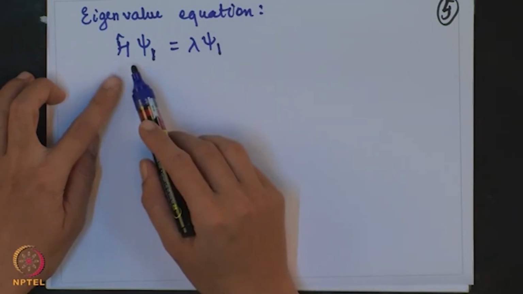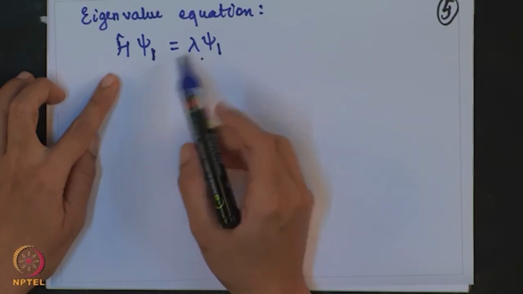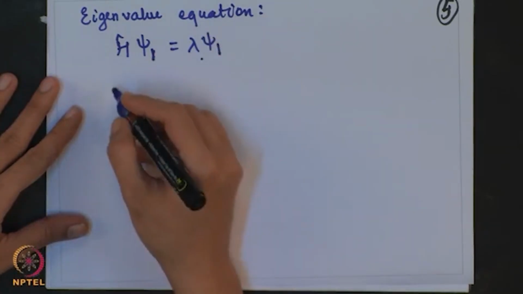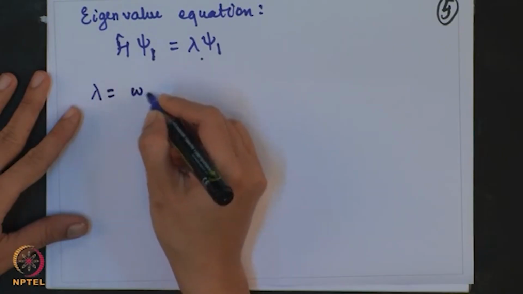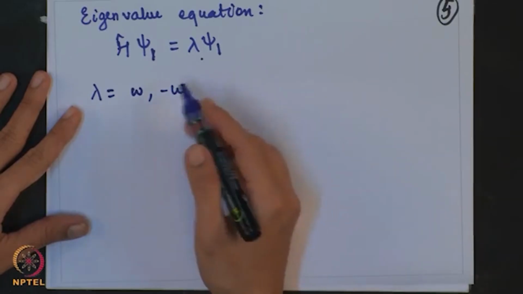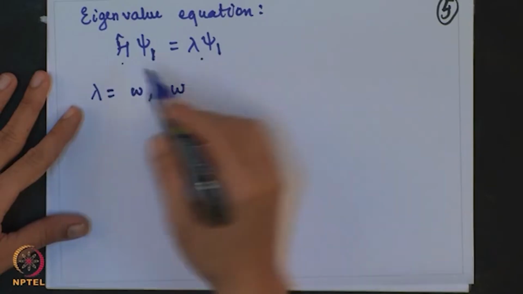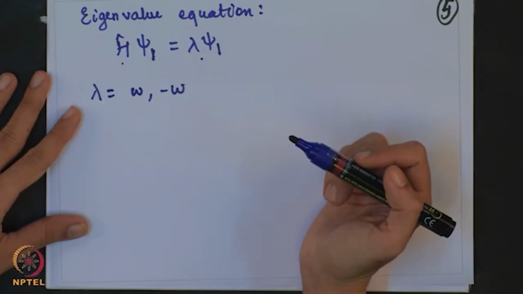Once you calculate the eigenvalues, you can easily calculate the eigenfunction. So, from this I can say that the eigenvalues are omega and minus omega. It is very simple. You just have to substitute the Hamiltonian operator and calculate the corresponding eigenvalues.